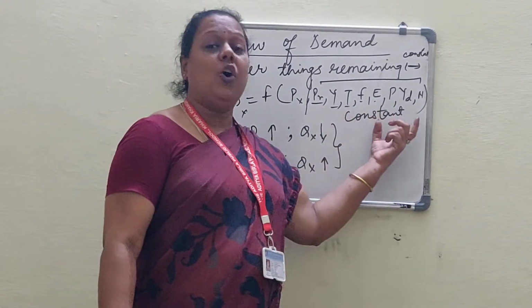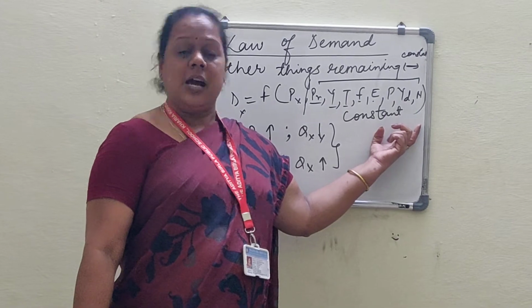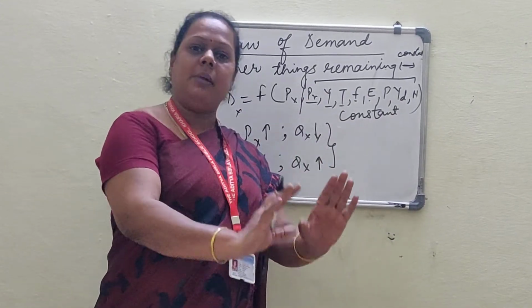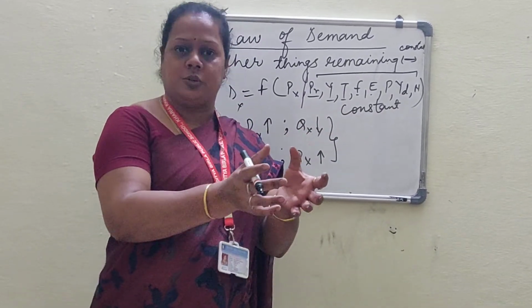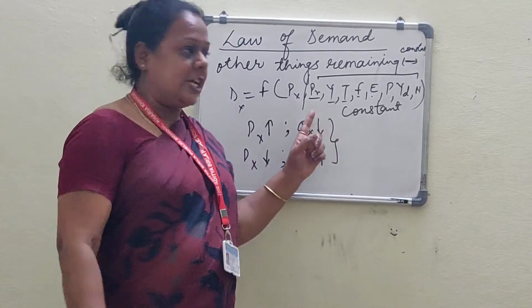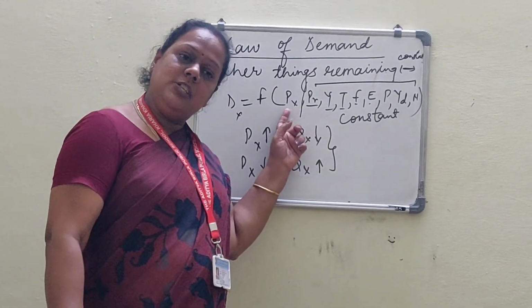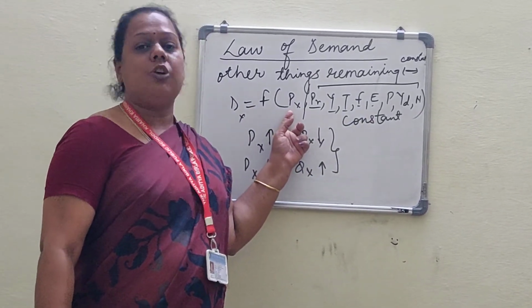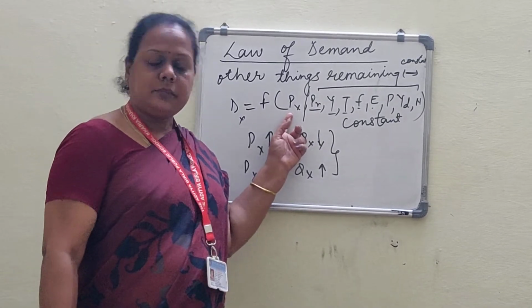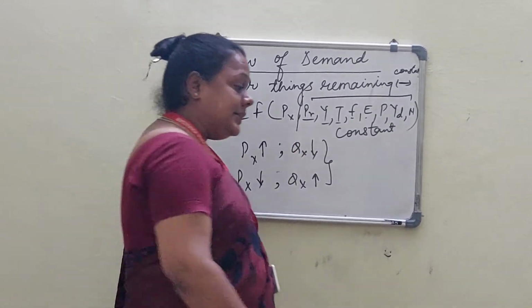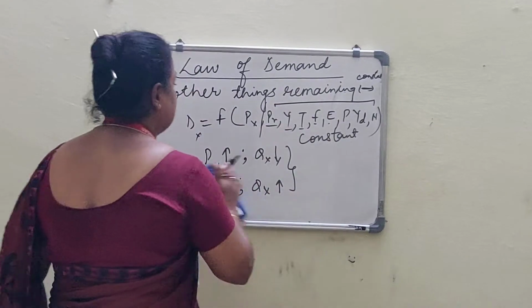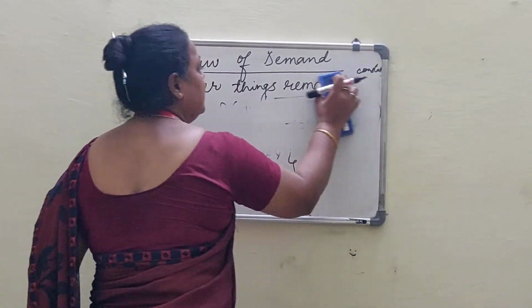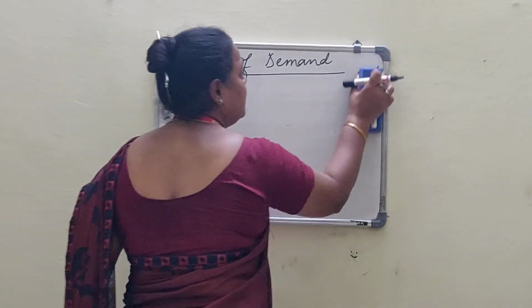These are all your assumptions. Assumption means that you have already controlled your conditions. Only one thing is changeable, and that is the price of the own commodity. Am I clear?